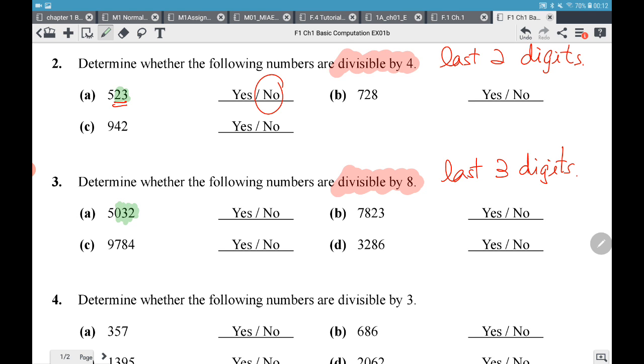That is 32 actually. And for 32, it is quite easy for us to know that 32 is divisible by 8. Therefore, the whole number is also divisible by 8. We check the last 3 digits: is it divisible by 8? Alright?